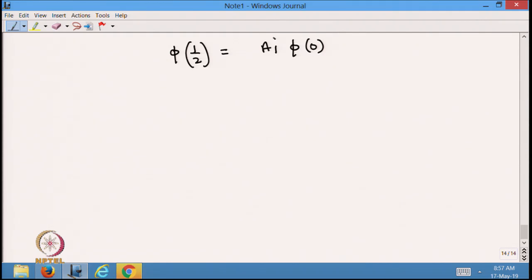Again A1 is a matrix which contains the low pass filter coefficients. This eigenvector we know, so if we know this, we can compute this.